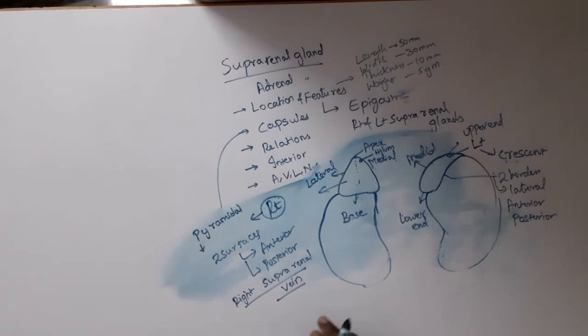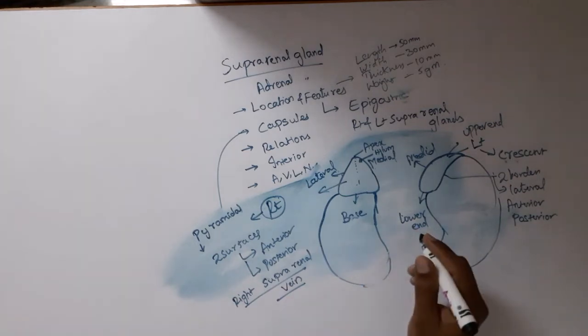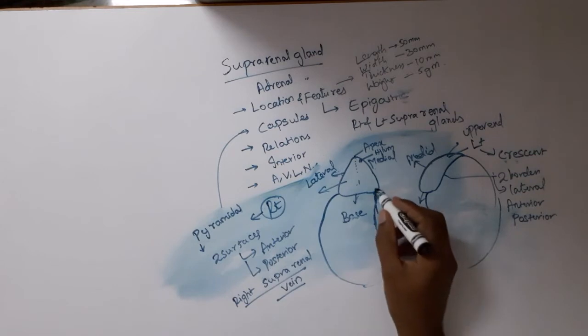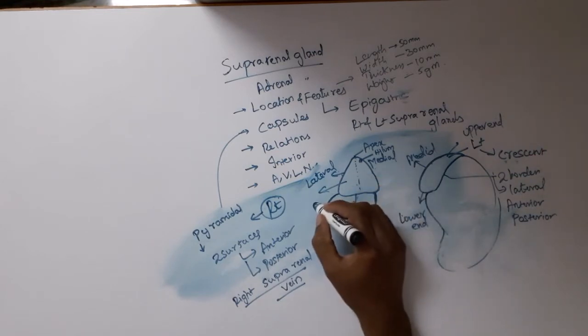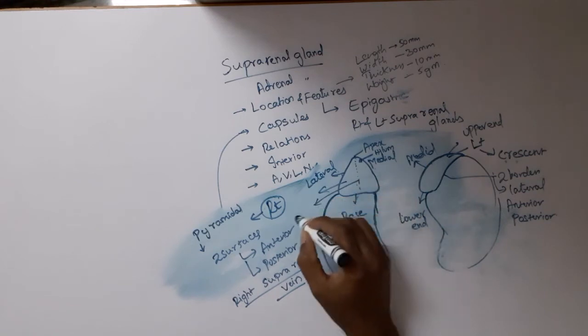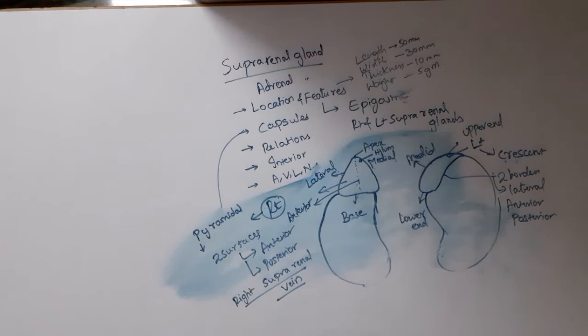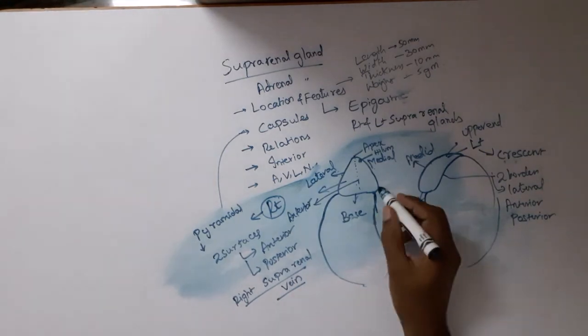Then coming to the surfaces, anterior surface and the posterior surface. The anterior surface is divided again by a ridge. This ridge, in a few texts they call the anterior border. That ridge divides this anterior surface into two parts.